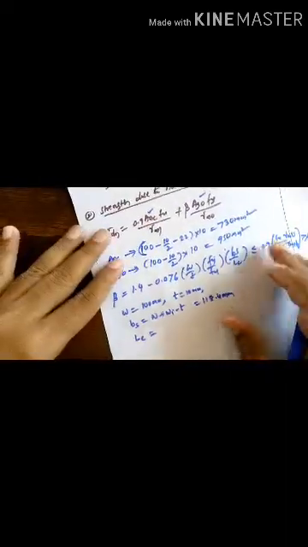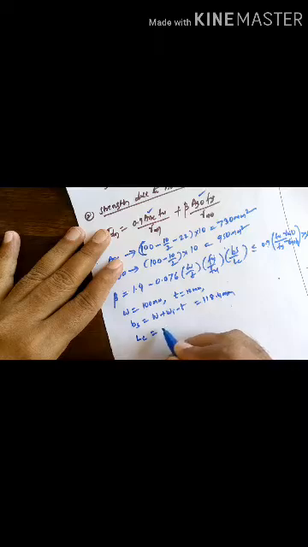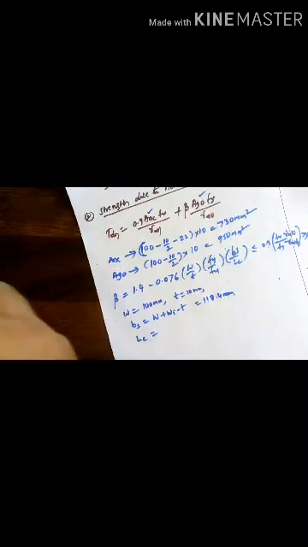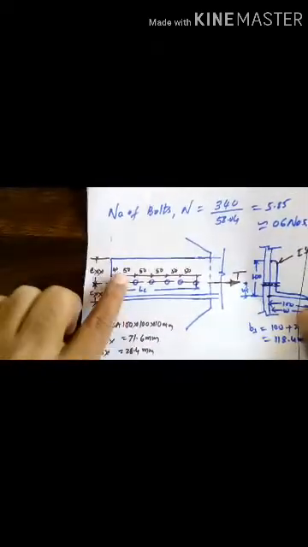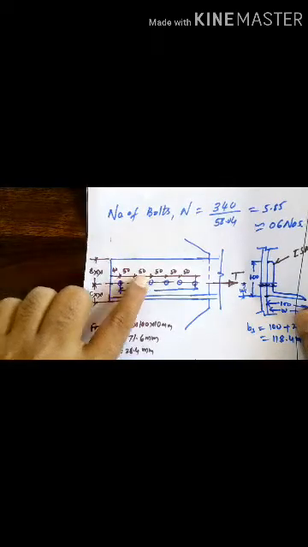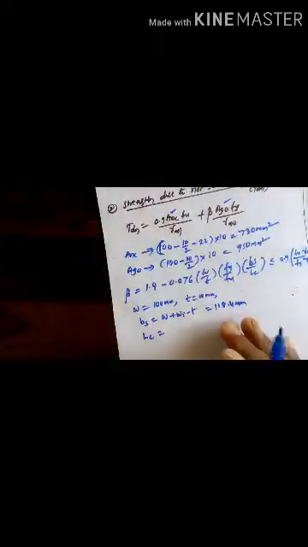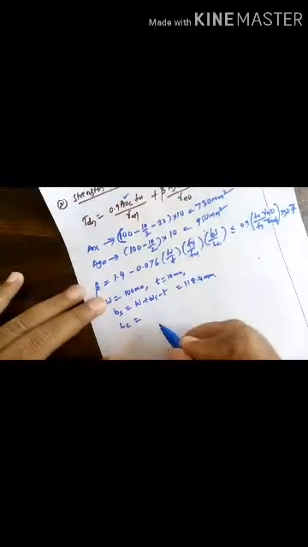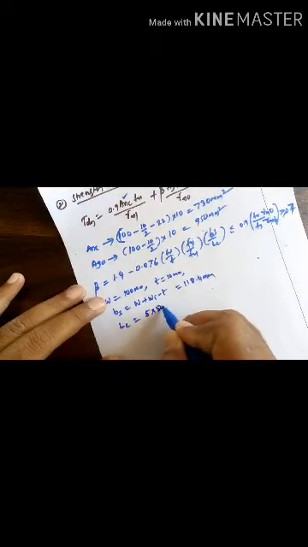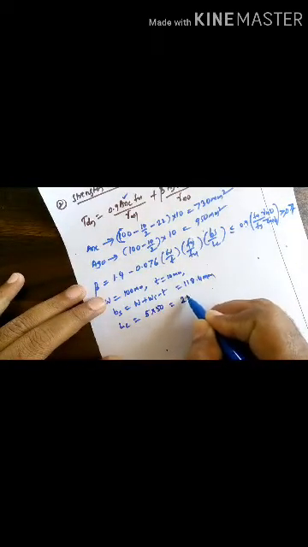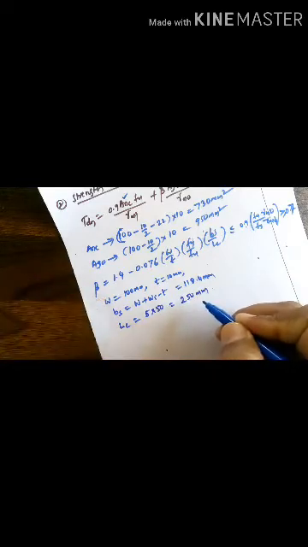How many pitches here? LC: 1, 2, 3, 4, 5. 5 into 50, you will get 250 mm LC.